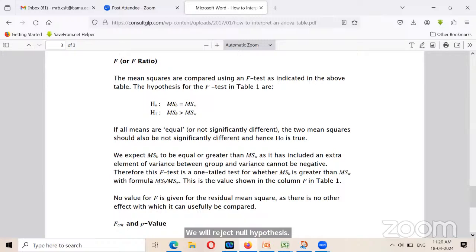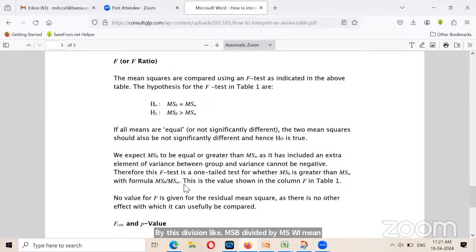There are some standard values set for the ANOVA test, and beyond those we reject the null hypothesis. So how is the F value computed? The F value is computed by this division: MSB divided by MSW. Means what?